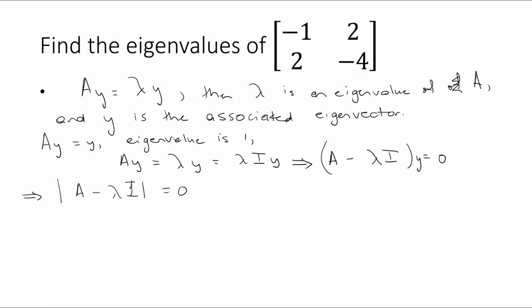And then the values of lambda that satisfy that are the eigenvalues of A. We then get a polynomial of degree n, and n is how many rows and columns there are in A, and you'll get n distinct eigenvalues.